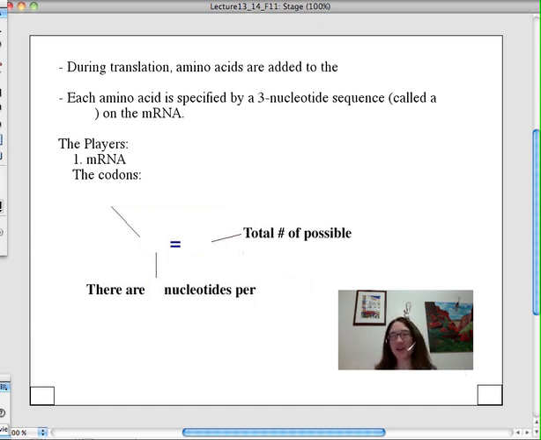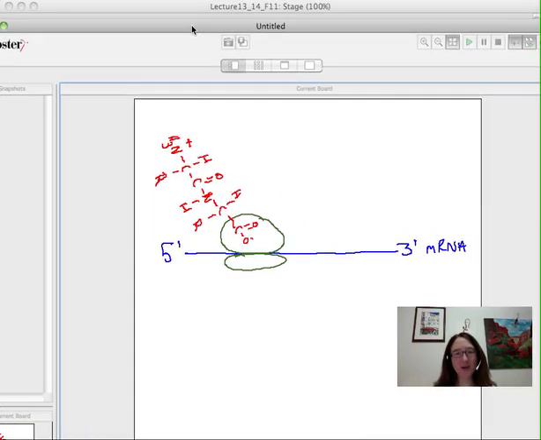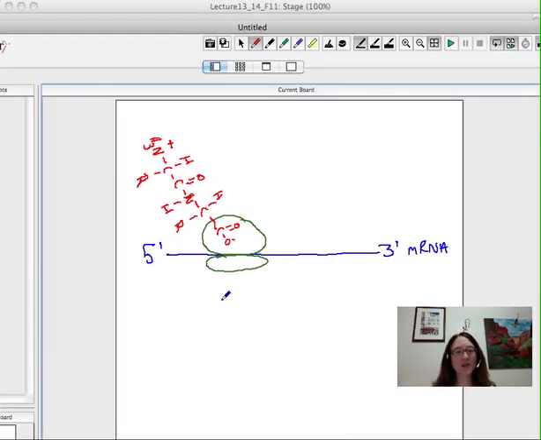Now I've gone ahead and drawn a really cheesy drawing. I was having trouble drawing sideways, but this gives you the idea of what we were talking about last time, where the mRNA is read by the ribosome that I've shown in green there, with its two subunits, and we'll be talking more about that today. As the ribosome reads down the mRNA, it converts the mRNA code into polypeptide chain.